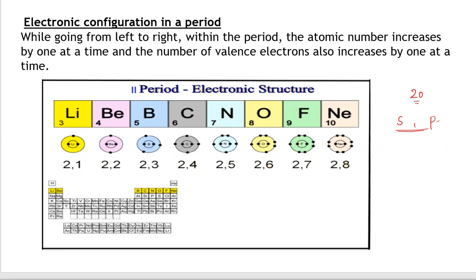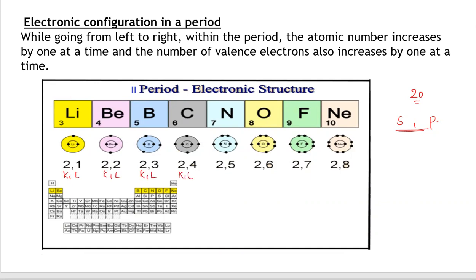Let us check the electronic configuration and atomic number of these elements. Lithium atomic number 3, electronic configuration 2,1. Beryllium 4, electronic configuration 2,2. Boron 5, 2,3. Carbon atomic number 6, electronic configuration 2,4. Here you can see the number of shells, K, L. Number of shells is 2 everywhere.